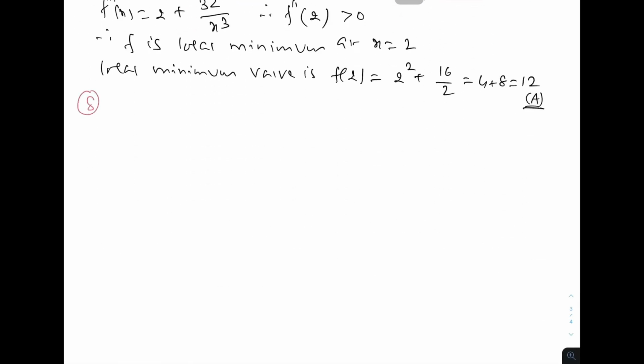The minimum value of sec x, where x belongs to 2 pi by 3 to pi, is blank.